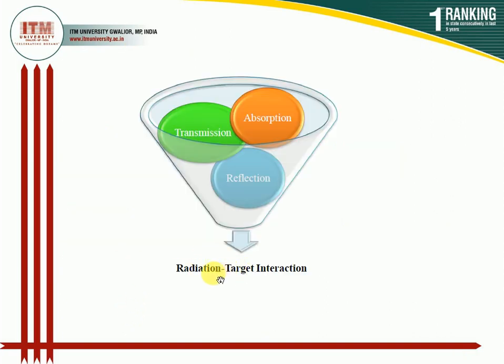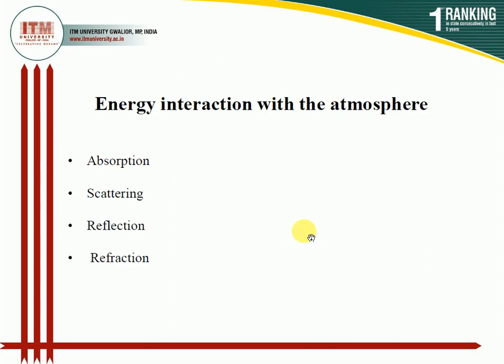When electromagnetic radiation enters the earth, it gets absorbed, transmitted, or reflected, and the main concept of remote sensing lies in these three phenomena. If certain radiation gets absorbed, then the intensity of the electromagnetic radiation decreases. Some air components are responsible for absorption of light, like ozone, carbon dioxide, and water vapor.